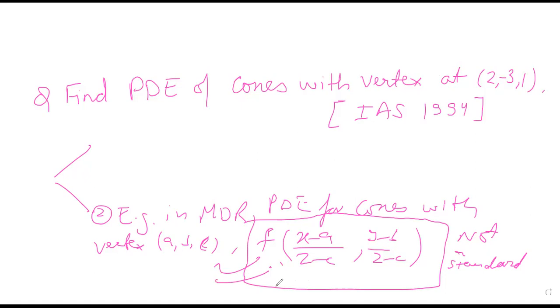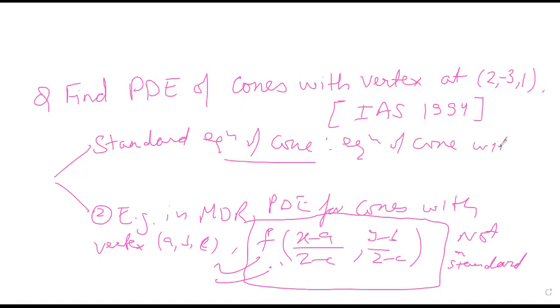What is the other, a conventional way, using which you can reach a solution? The way is, we all have studied this. We know the standard equation of a cone, and from that we can find the equation of a cone with vertex at origin.